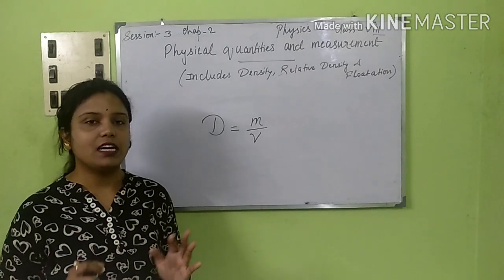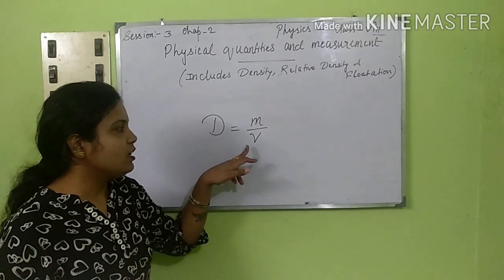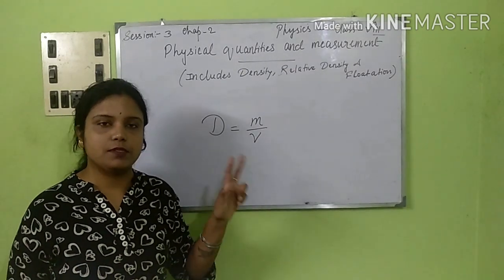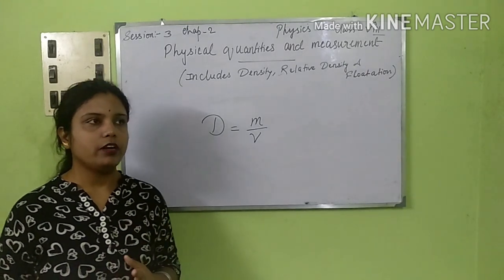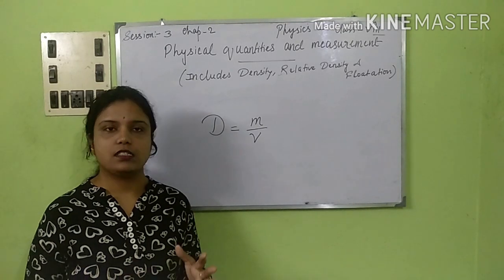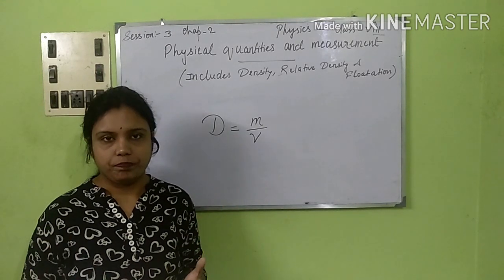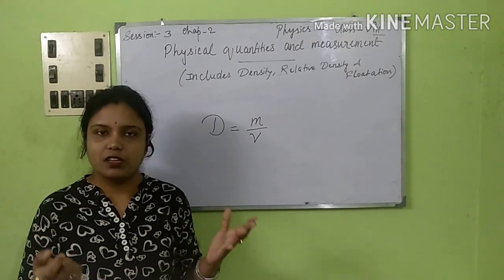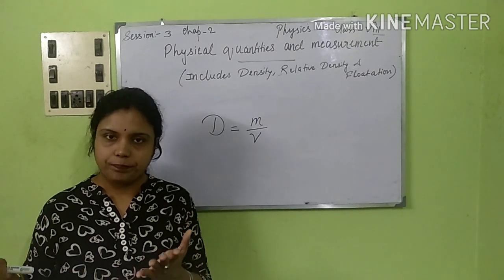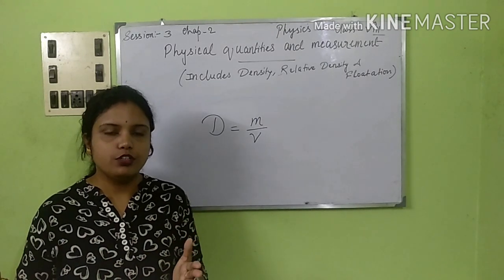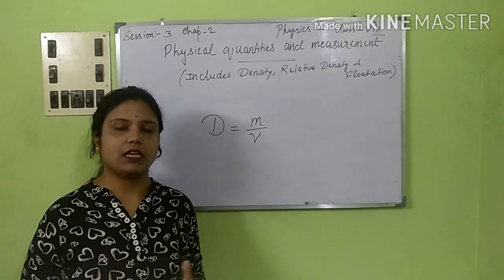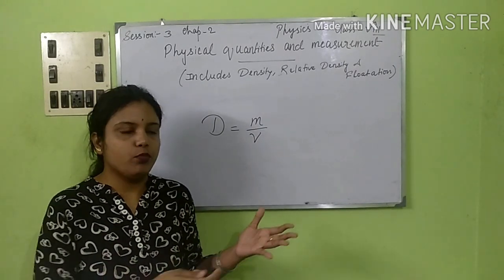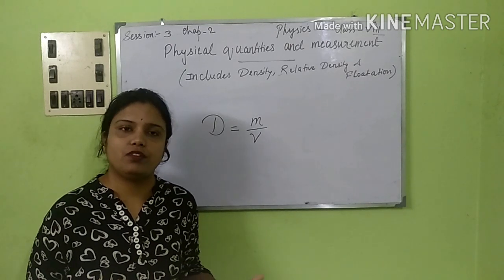Another condition can be that the volumes of the two substances are the same, but the masses are different. Suppose for example, you consider iron, which is a metal, and wood. Now iron and wood both have the same volume, but they have different masses. Because you can weigh them and understand the mass of these two.